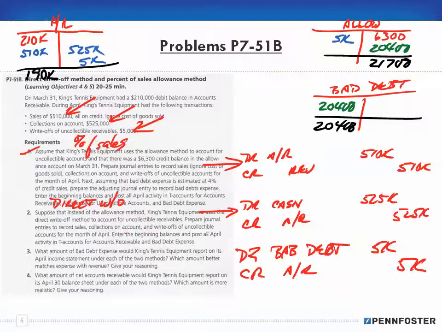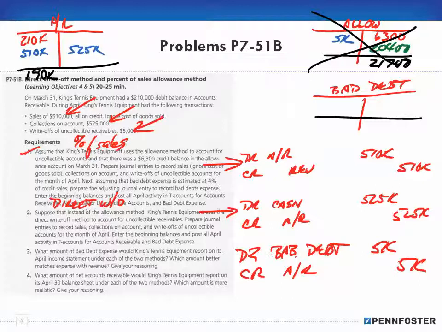Then it says enter the beginning balances and post all the activity in T accounts. We would not have been using the allowance account if we're using the direct write-off method. We would be using our bad debt expense. So let me fill this in. We started out with a balance of $210,000. We have a journal entry for $510,000, so that's the same. We have a journal entry to accounts receivable for $525,000, that's the same.